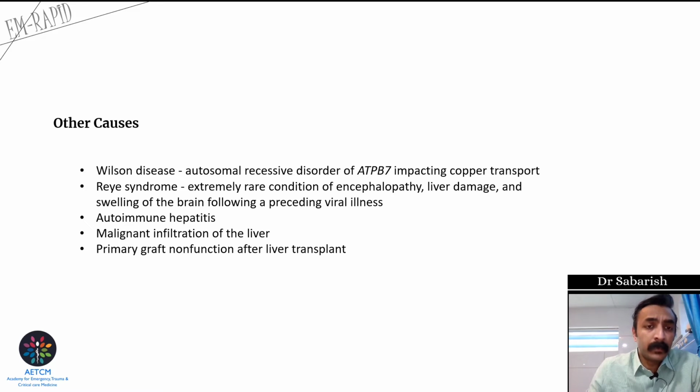Apart from that, you should also remember other conditions like Wilson's disease, which, as you all know, is an autosomal recessive disorder of ATP7B-impaired copper transport, and Reye syndrome. Autoimmune hepatitis also has a kind of increase of late, and then you can have malignant infiltration of the liver and also primary graft non-function following a liver transplant.